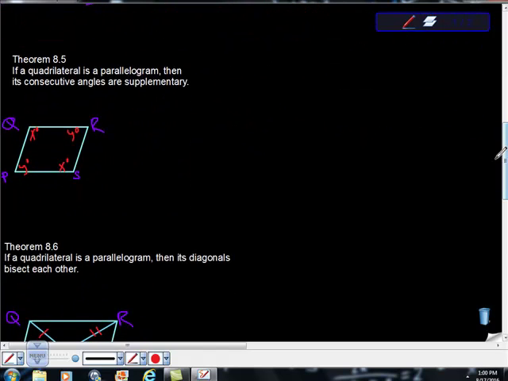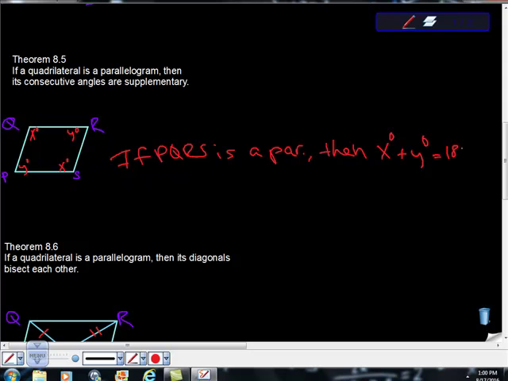All right, next one, theorem 8.5. If a quadrilateral is a parallelogram, then its consecutive angles are supplementary. So again, looking at that, we can say then that if PQRS, I'm going to abbreviate it because it's really long to write, is a parallelogram, then x degrees plus y degrees should equal 180 degrees.